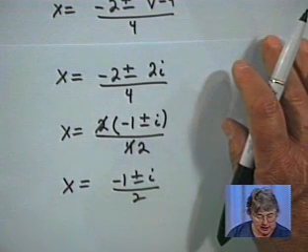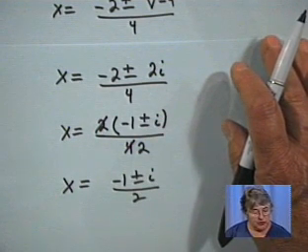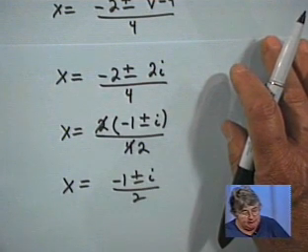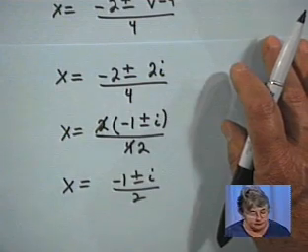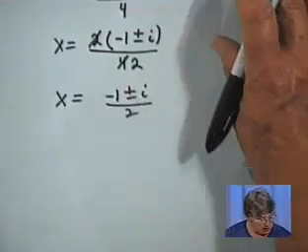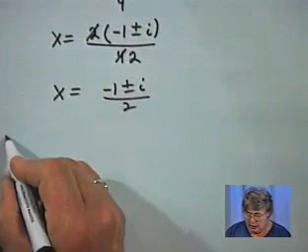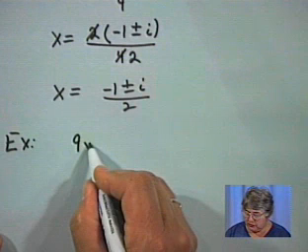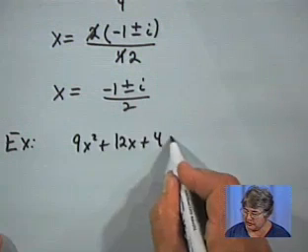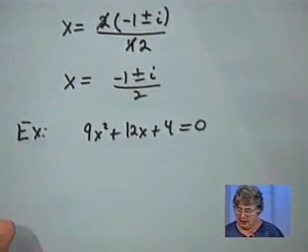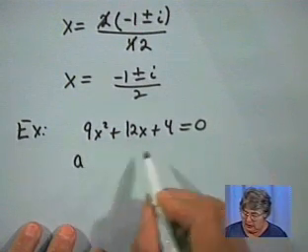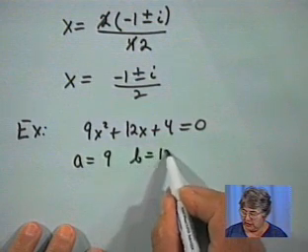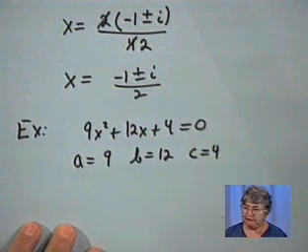Okay. Now, let's continue to work with these. Let's do one more problem. Let's consider 9x squared plus 12x plus 4 equals 0. So a is equal to 9, b equals 12, and c equals 4.